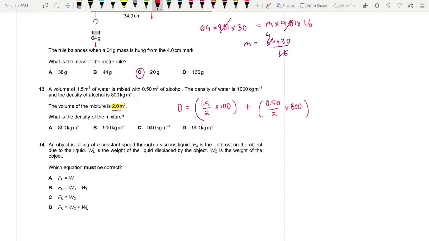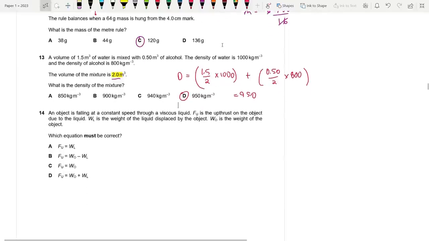So 1.5 by 2 times 1000 is 750, plus 0.5 by 2 into 800. The answer is 950 in total. This is how you do the sum. 13 is D. Let's go to 14.